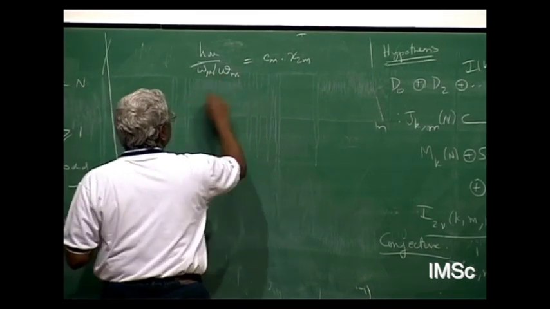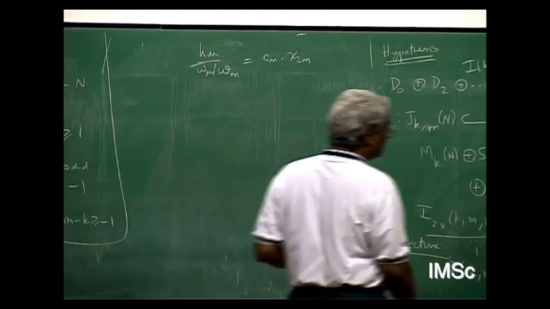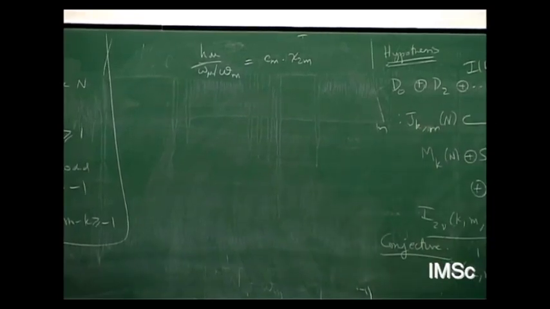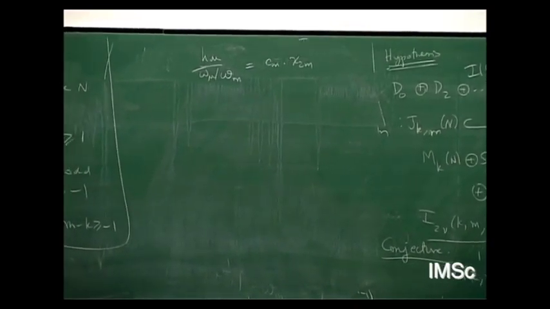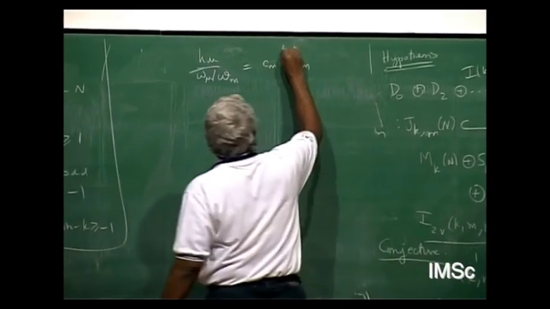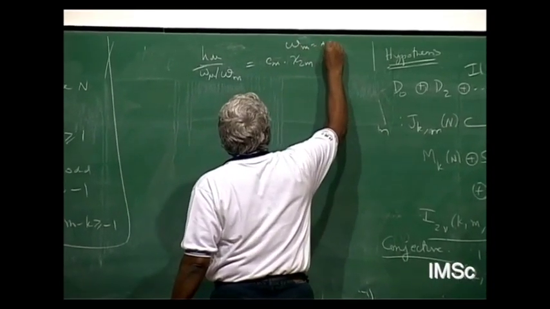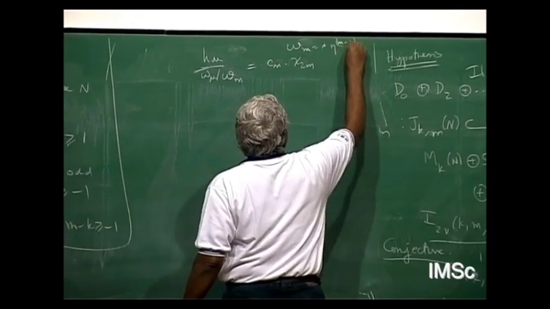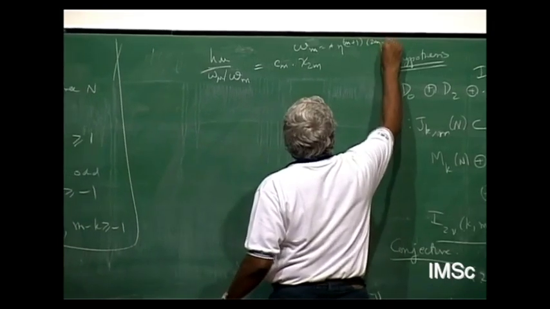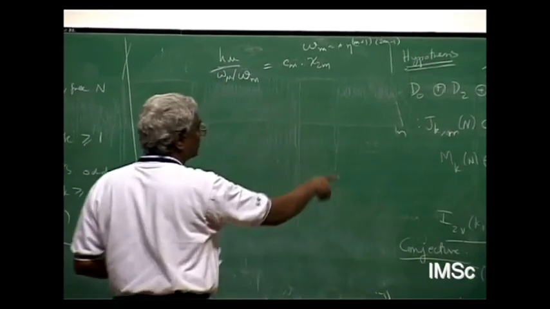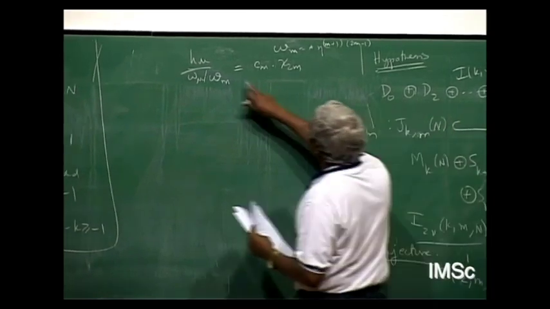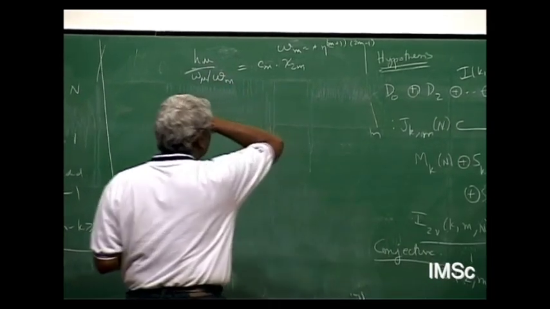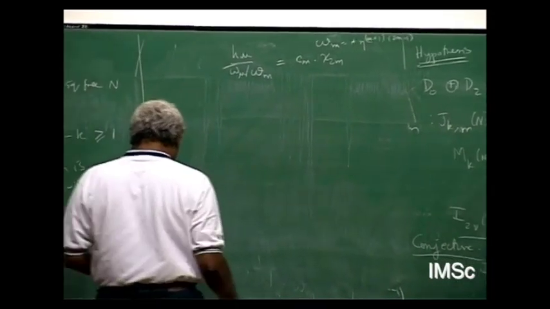You will note that this Wm is a constant times eta power. So this gives the divisibility required in this result. We already know that this is divisible by this eta power.